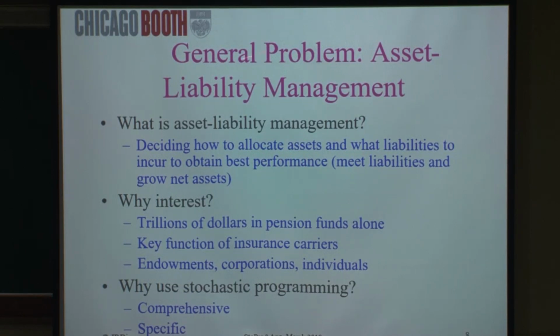Okay, so this is an example of asset liability management. Deciding how to allocate assets over time, and often what liabilities to perform. But this is kind of investment of trillions of dollars.